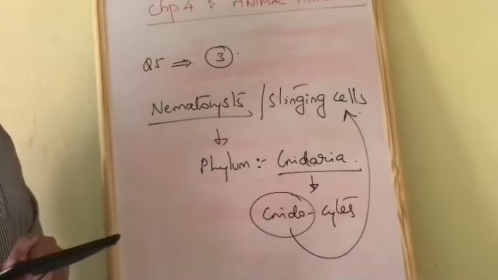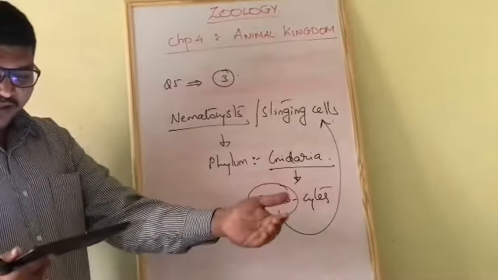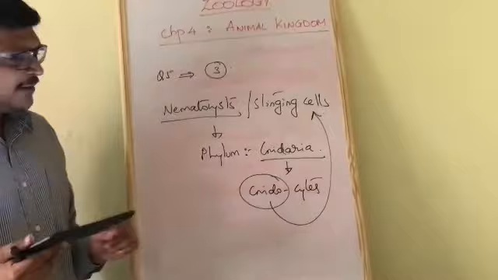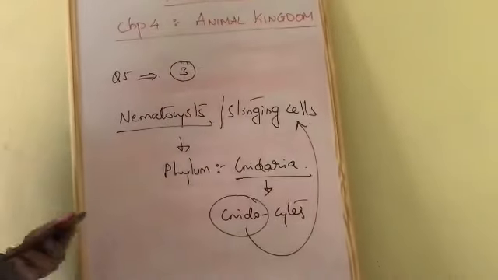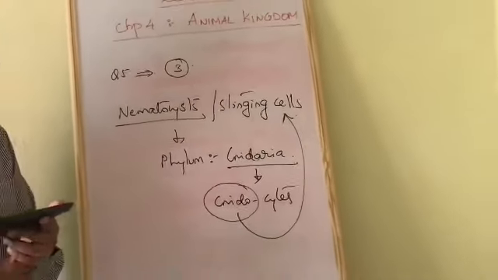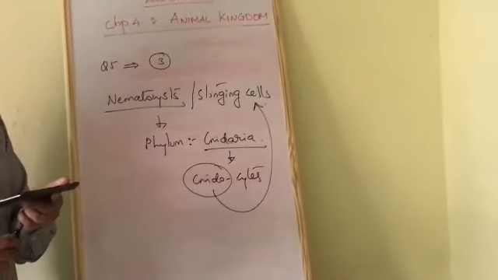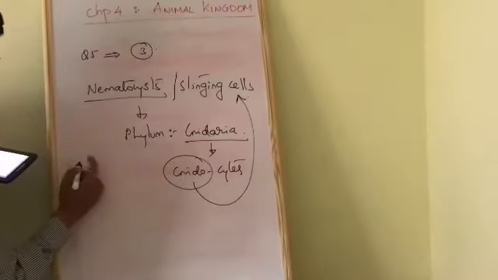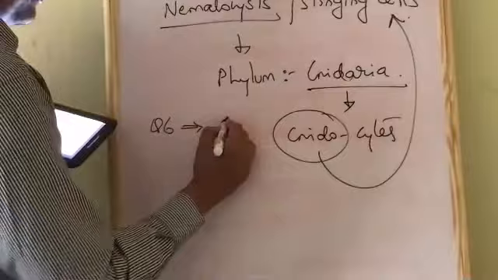Second option, offense and defense, yes, nematocysts are also called stinging cells, so they will protect the organism from others. Option number 3 is capture of food. Because nematocysts can sting, they can stun the prey and help to grasp and capture them. So capturing of food, nematocysts will also do. So question number 6, the correct answer is option number 4.